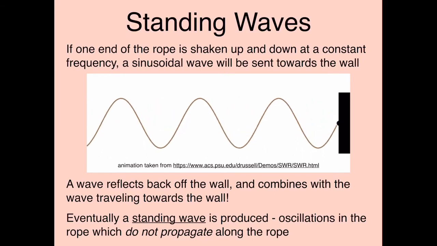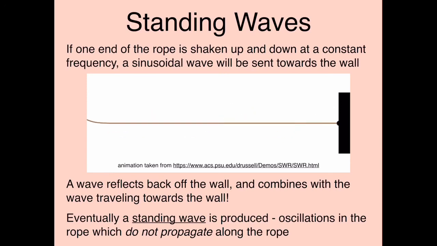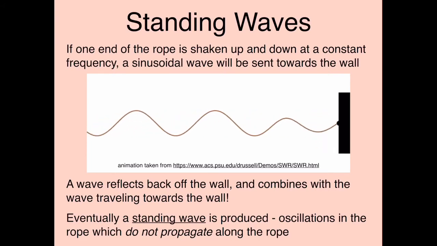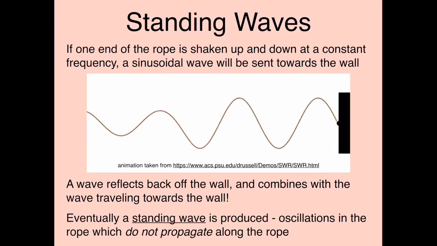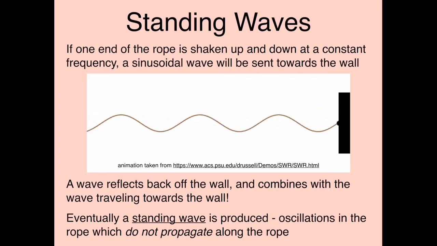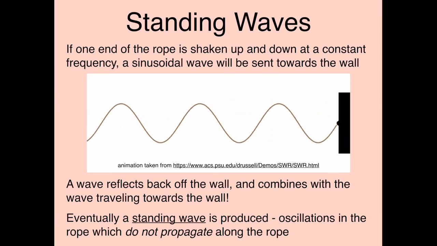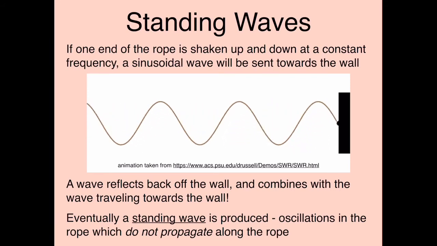So now you're looking at a wave that's not really traveling in either direction. It's just standing still and oscillating in place. Okay? So this is the standing wave that gets produced when those 2 waves traveling in opposite directions combine and form the standing wave.